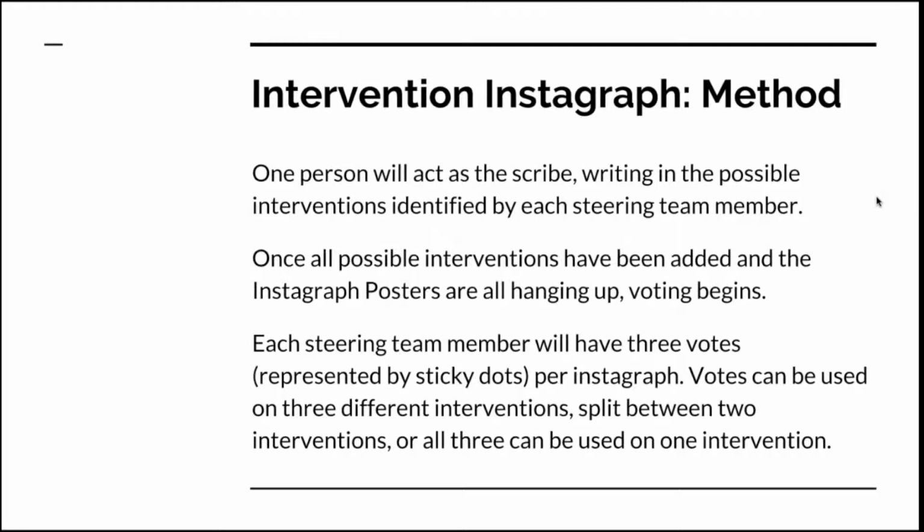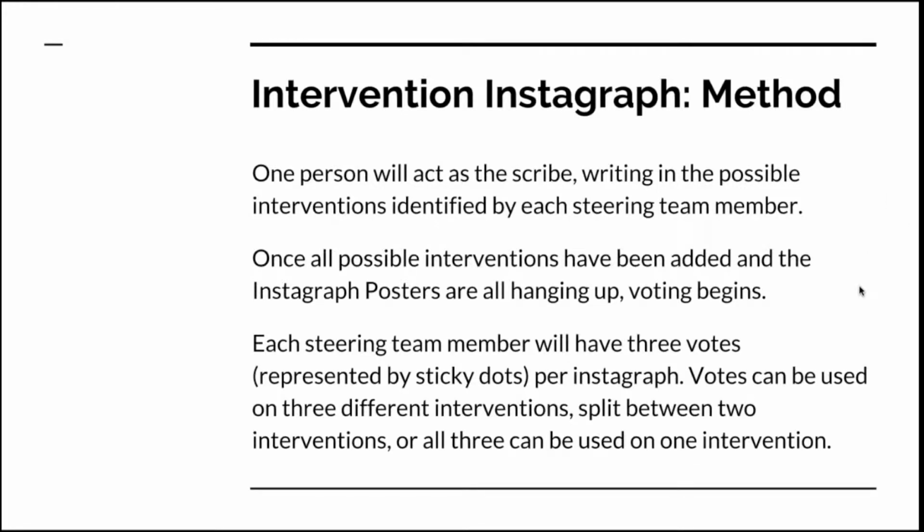You can use them on 3 different interventions, split between 2 interventions, or use all 3 on 1 intervention. Just to be clear, it's 3 sticky dots per poster. So if we've got 9 root causes, we'll have 27 sticky dots per person.